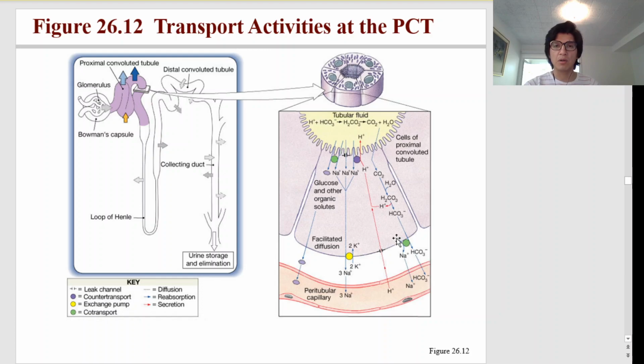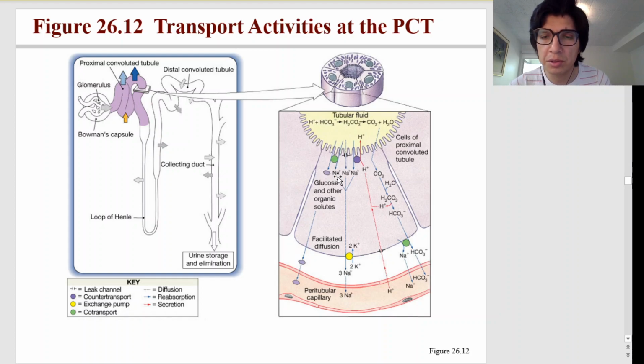This is a view of what is happening at the proximal convoluted tubule. Basically, we are observing sodium and glucose being reabsorbed through the co-transporter present here.